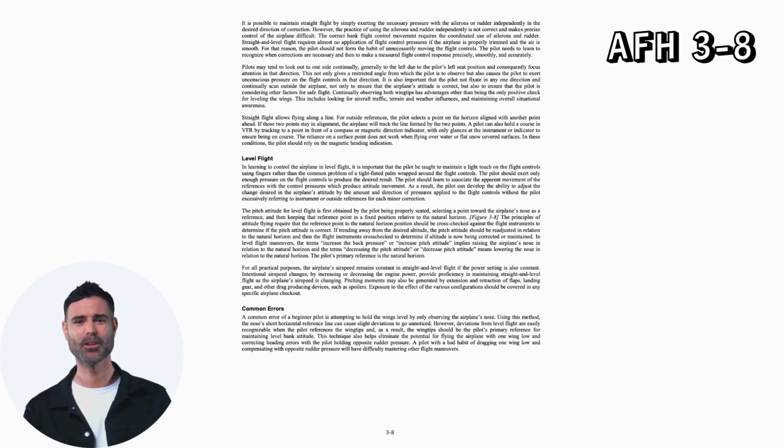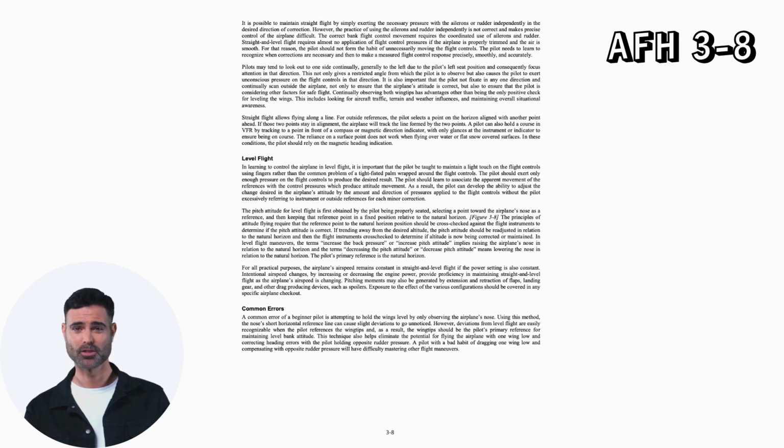The pitch attitude for level flight is first obtained by the pilot being properly seated, selecting a point toward the airplane's nose as a reference, and then keeping that reference point in a fixed position relative to the natural horizon.